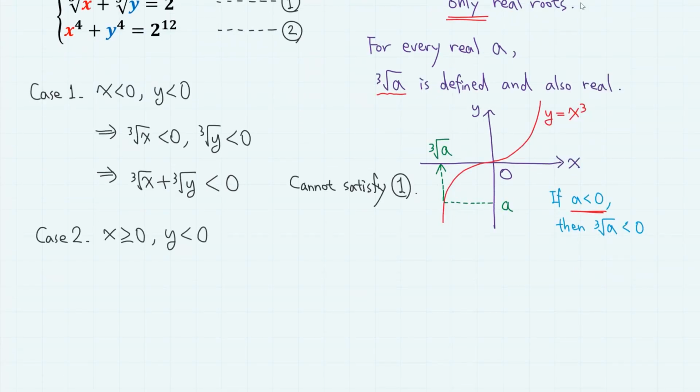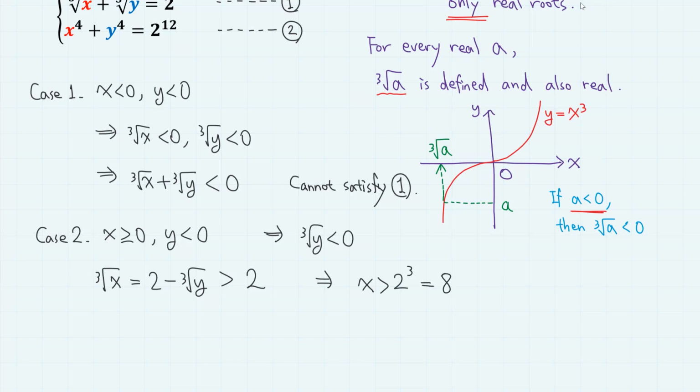If x is greater than or equal to 0 and y is less than 0, then cube root of y is less than 0. Hence, cube root of x, which is 2 minus cube root of y, is greater than 2, making x greater than 2 cubed, hence greater than 8.